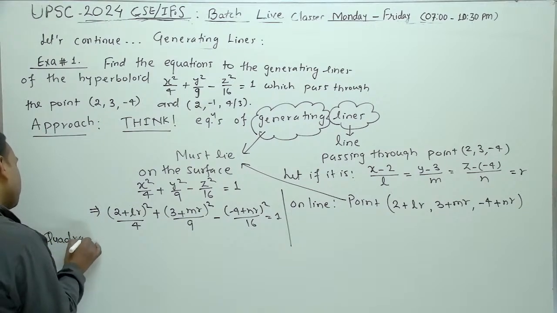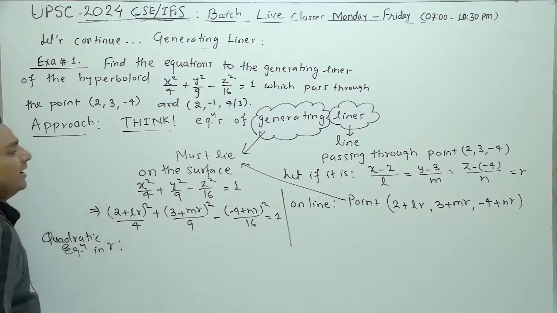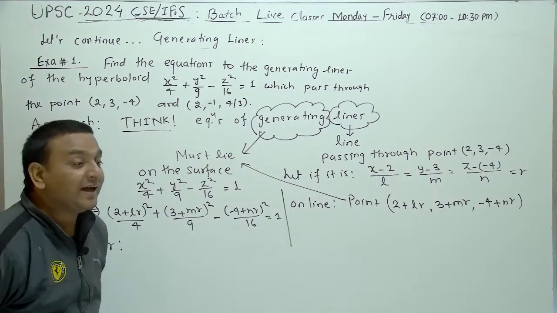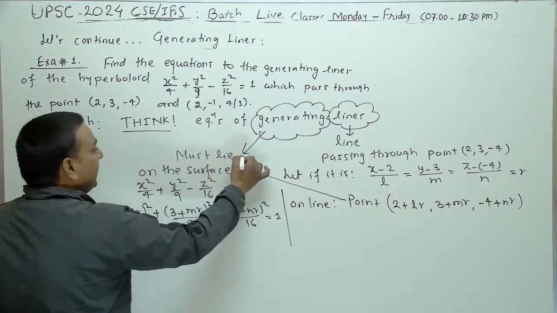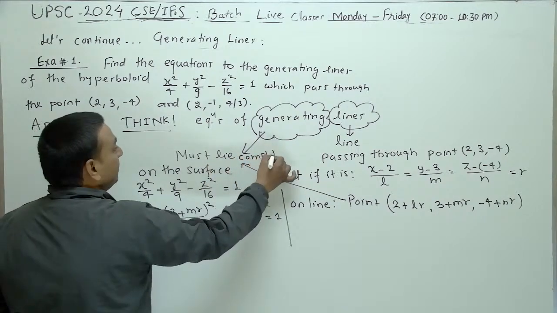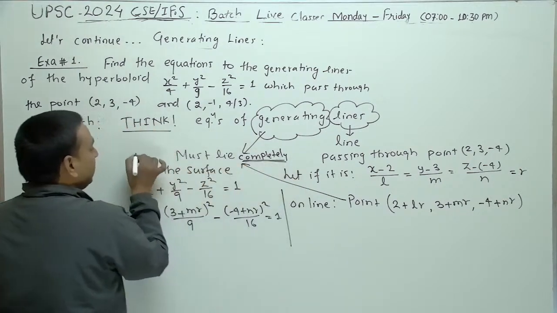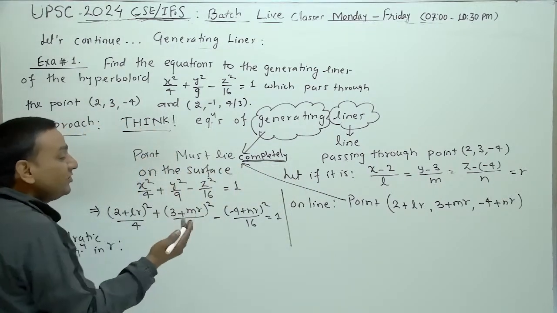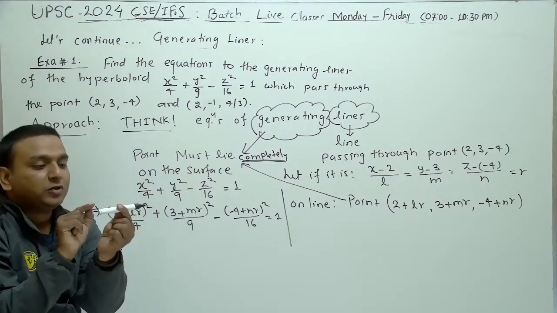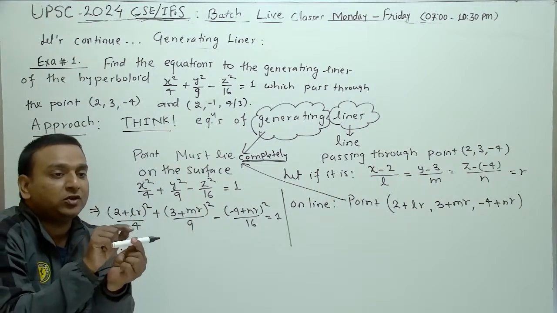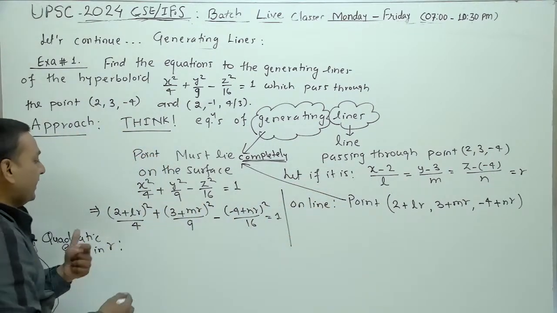बोलो। क्वाड्रेटिक इक्वेशन इन r। चाहिए क्या? जनरेटिंग लाइन, तो मस्ट लाई कंप्लीटली। प्लीज अंडरलाइन द वर्ड कंप्लीटली, क्योंकि जनरेटिंग लाइन पूरा का पूरा उसी पे लाई करेगा। So if I take any point on this line, that point must be satisfied here.